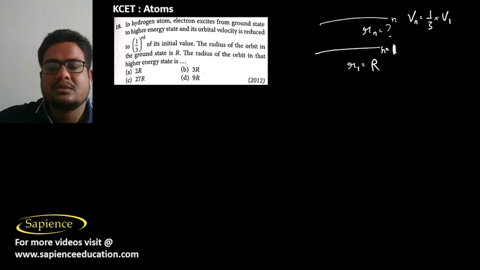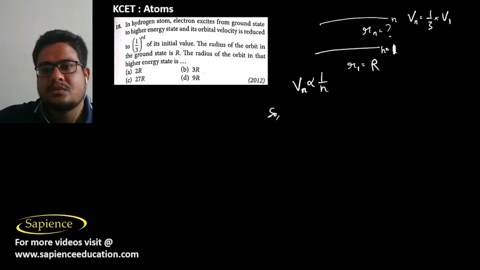Now we know that the orbital velocity of an electron in a hydrogen atom is inversely proportional to n. So V1 will be equal to some V0 by 1, let's say that is V0.